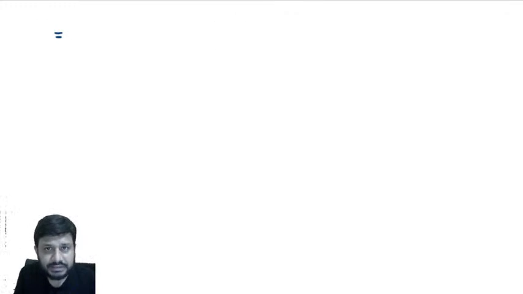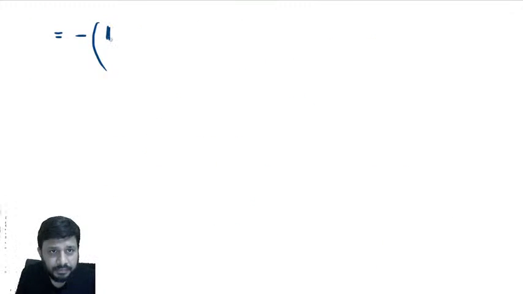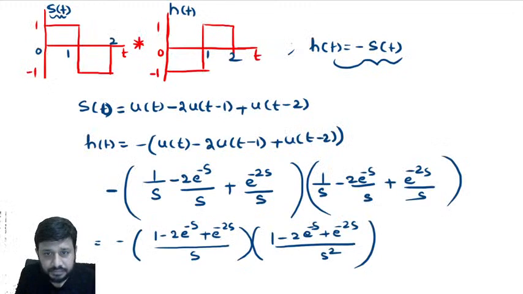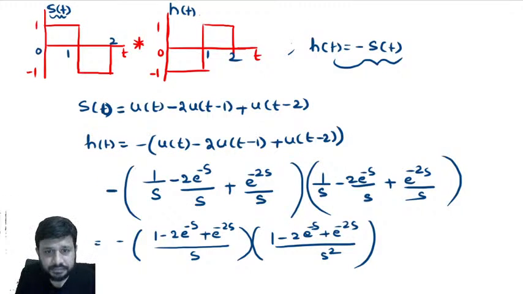If I multiply the Laplace transforms, so minus symbol here, 1 minus 2 e power minus 2s, what will come after this?